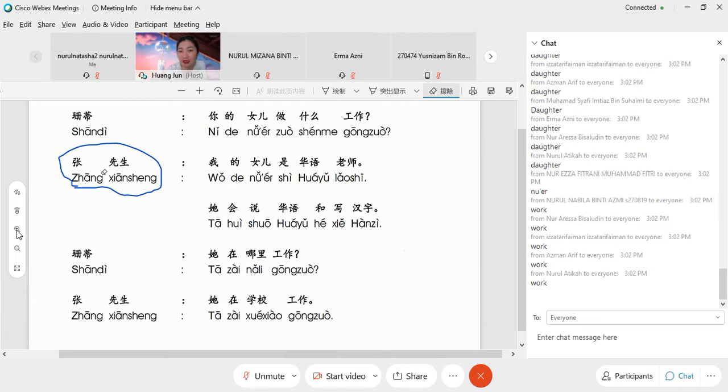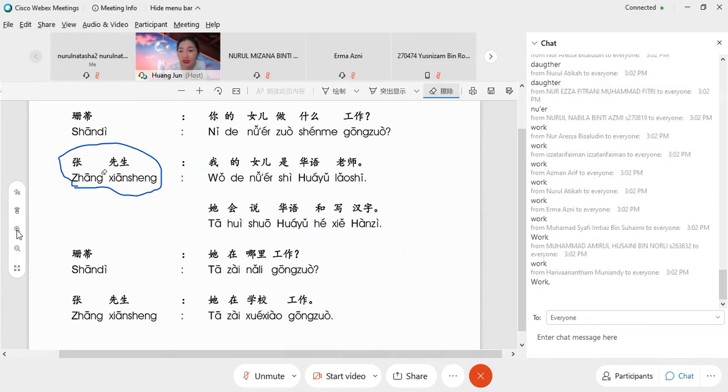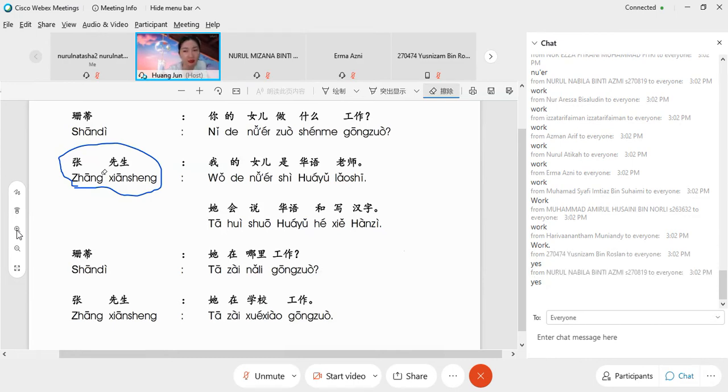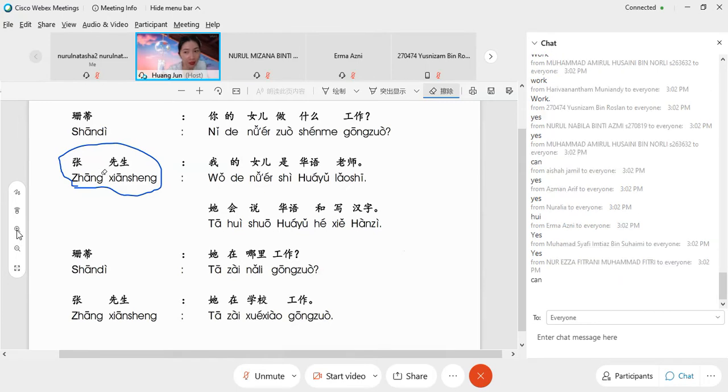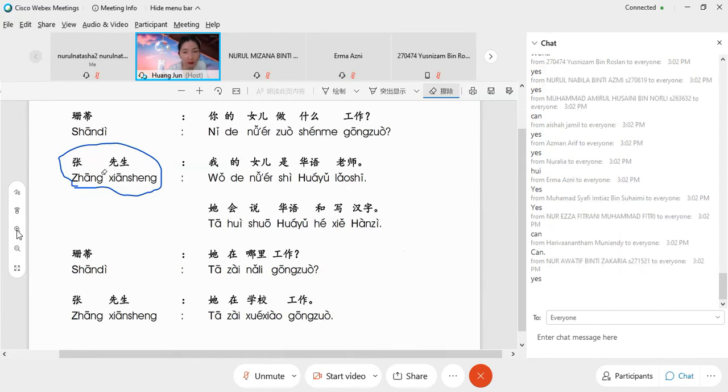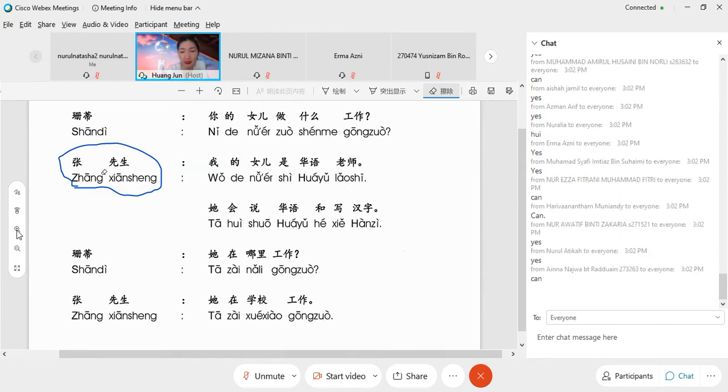If you understand, then you will know that. Okay, his daughter already has a job. Then can his daughter speak Mandarin or not? If you can answer my question, that means your translation is passed.